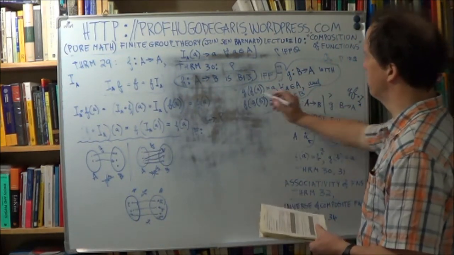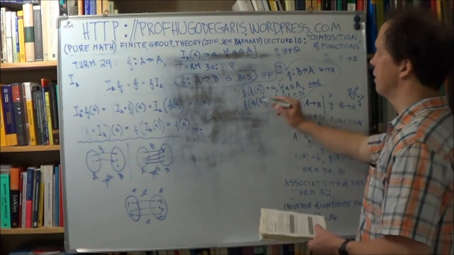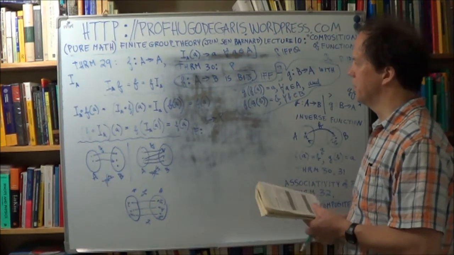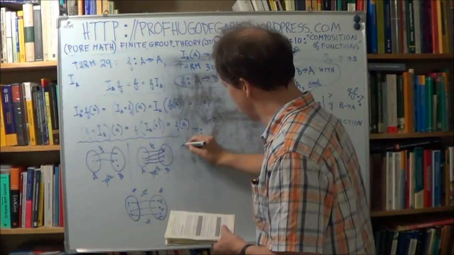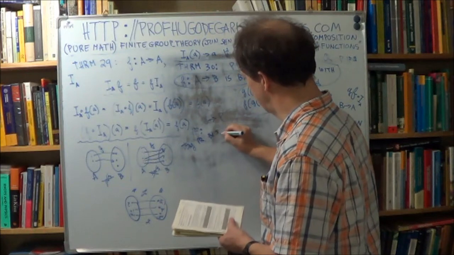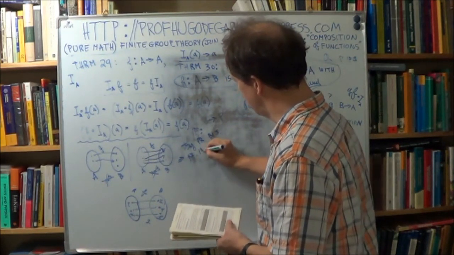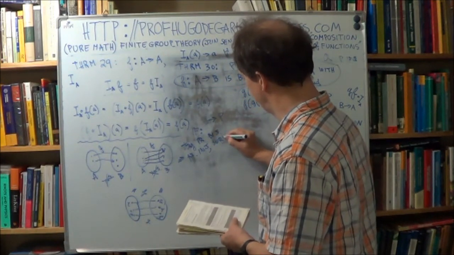Right? So we're given all this stuff. We're given these properties. So we'll use those to try to prove that f is bijective. Okay, and that implies prove injective and surjective.